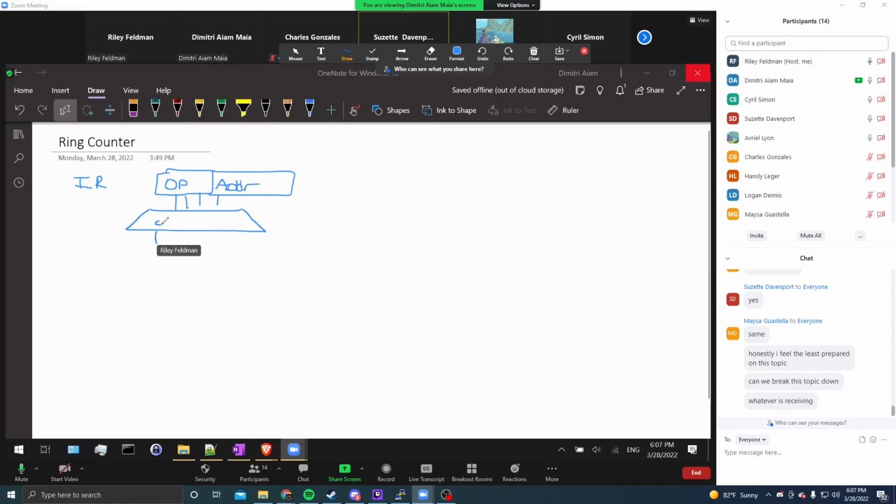So this is going to be 0, 1, 2, and 3. In the case that we're doing an add, that's 2, because add is 0, 0, 1, 0. Load is 0, 0, 0, 1. Store is 0, 0, 1, 1.